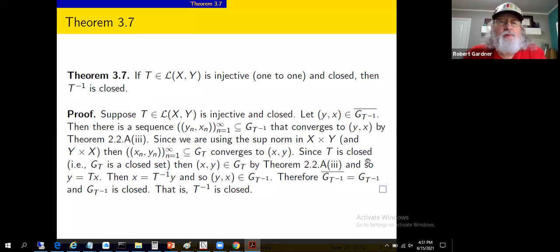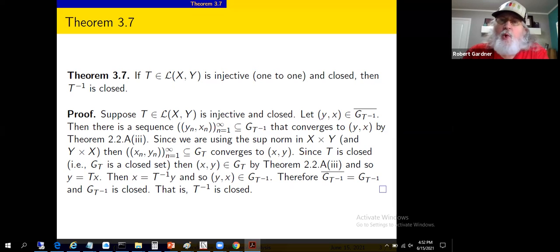T is closed. That's the hypothesis. So that means the graph of T is closed. That's the very definition of what it means for T to be closed. Here we have a limit of a sequence of points in the graph of T. The graph of T is a closed set, so that limit point must be in the graph of T. Again, Theorem 2.2.a part 3.